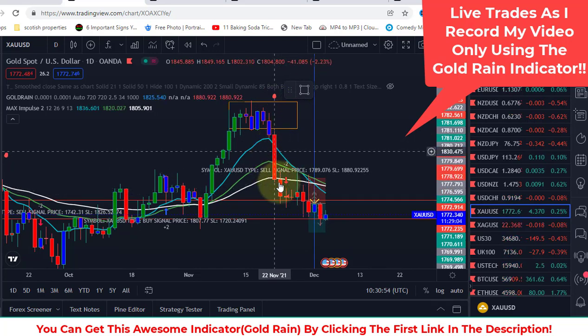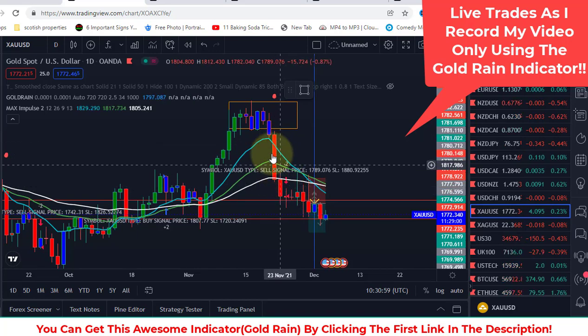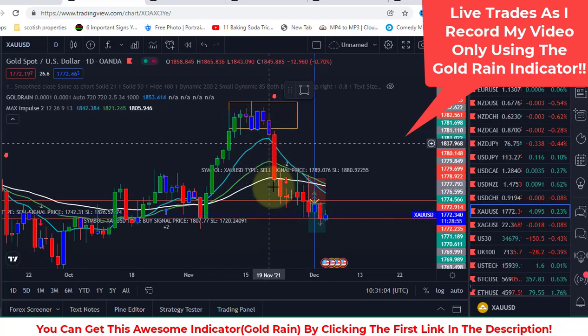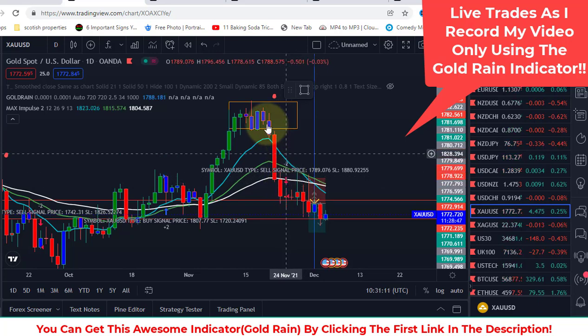So we actually missed tons of pips here, guys. Like half of the whole week of move we're going to miss if we just wait for the actual arrow telling us buy or sell.